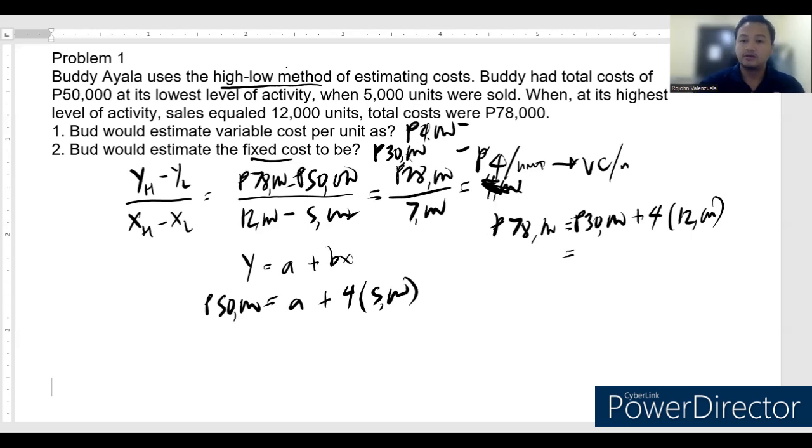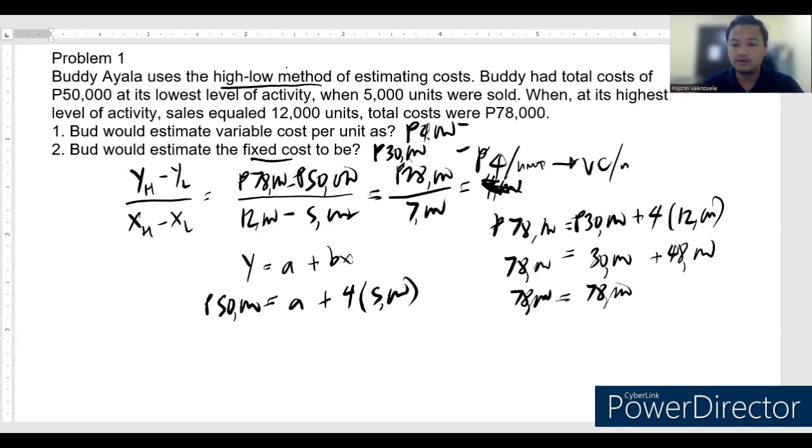So therefore, 78,000 is equal to 30,000 plus 48,000. So parehas namang 78,000 ang lumabas. So therefore, tama yung sagot natin na 30,000 and 4 pesos yung ating fixed cost and variable cost per unit respectively.